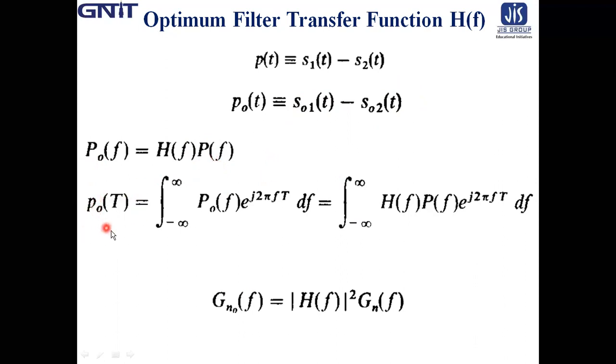Therefore, p0(t) equals the integral from minus infinity to plus infinity of P0(f) e to the power j 2 pi ft df. Since P0(f) is just H(f) P(f), putting the value of P0(f), we get H(f) P(f) e to the power j 2 pi ft df.